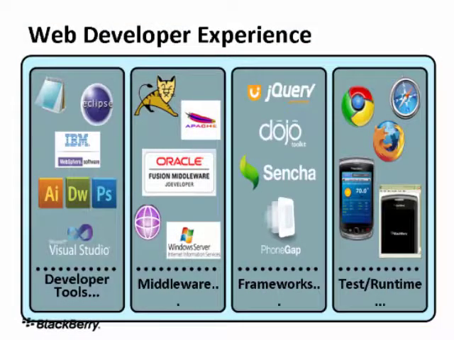As for the developer experience, the developer tools are the standard tools that are available. Our Eclipse plugin is free, so you can download Eclipse and the plugin is free. Visual Studio you can buy, but the BlackBerry plugin is free, and use any Adobe software or whatever. Then you have the middleware, so Apache servers and Windows servers and so on.